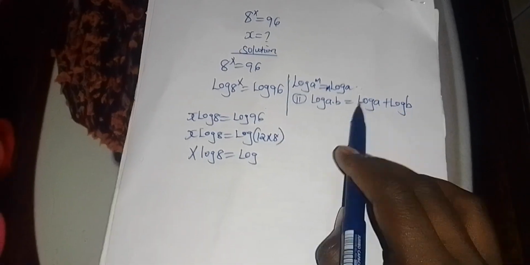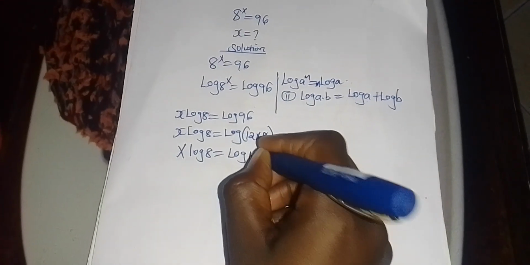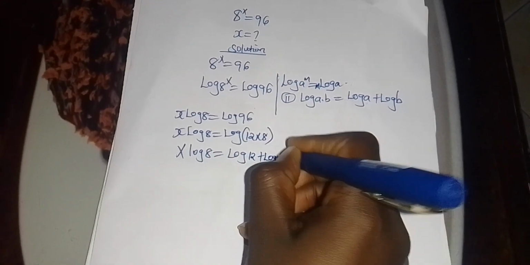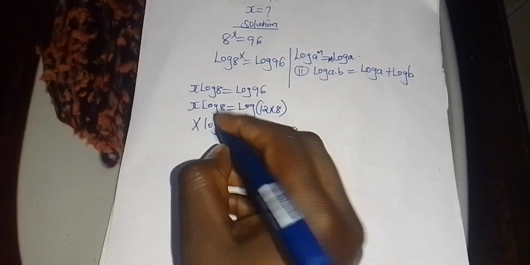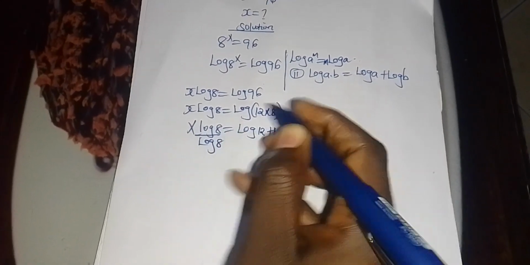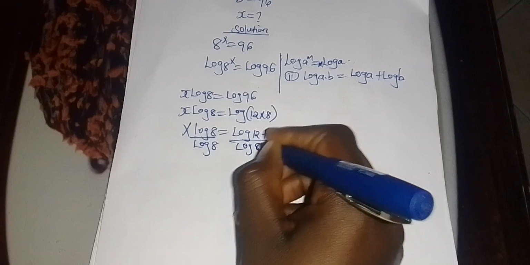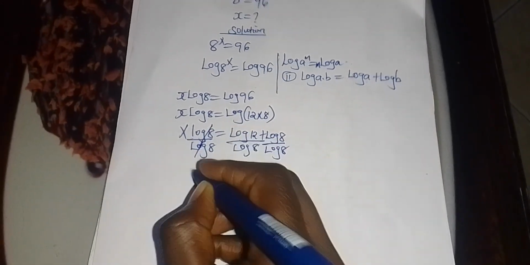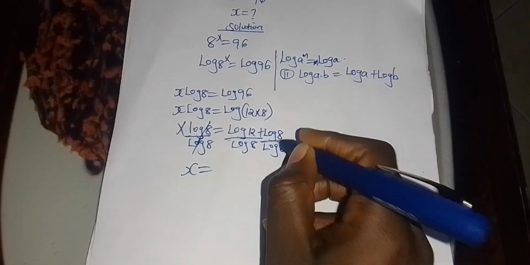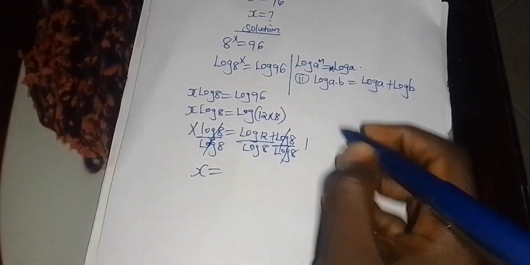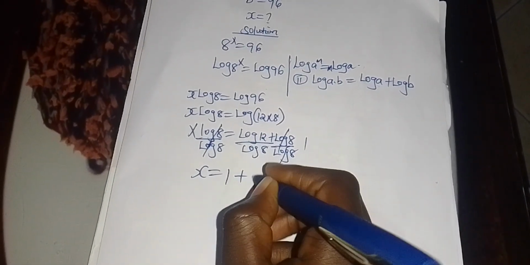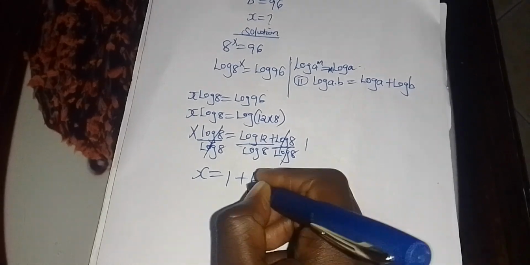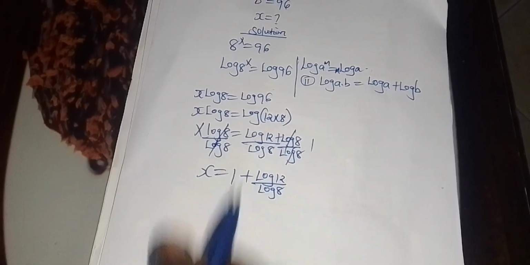Now applying the second property, we'll have log 12 plus log 8. Okay, so we divide both sides by log 8. If you simplify, you'll have x is equal to 1 plus log 12 divided by log 8.